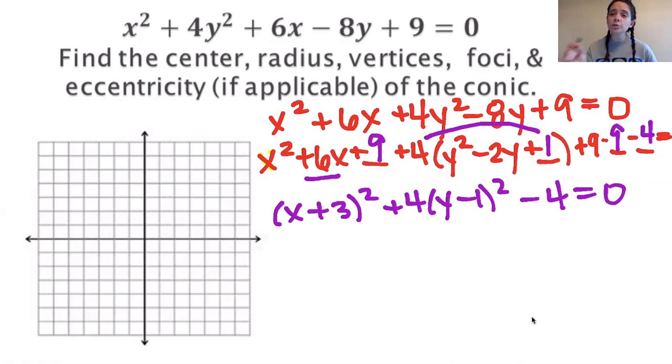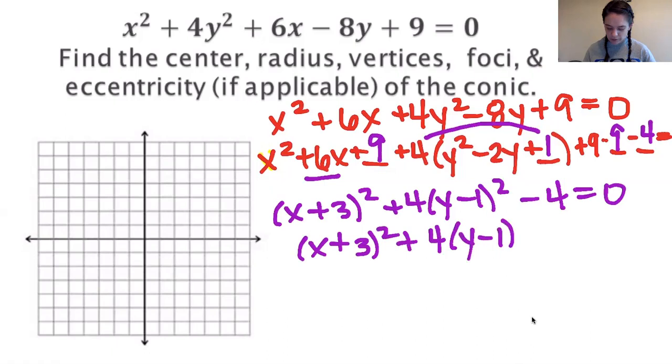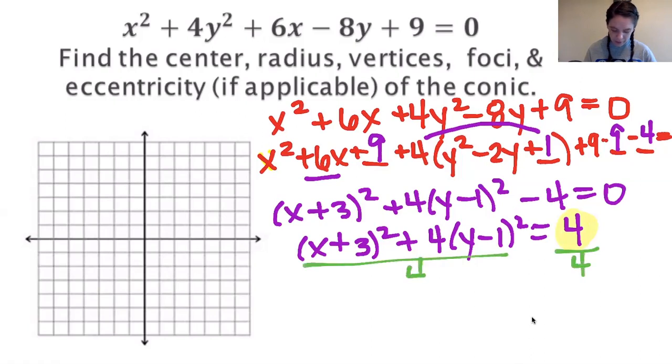We are closer, but we still are not in standard form. This minus 4 shouldn't be on that side. Whatever constant you have once you have completed the square needs to be moved over to the other side. But then remember, we need that to be equal to 1. Since this is not 1, we have to make it 1, which means we need to divide both sides by whatever that number was.